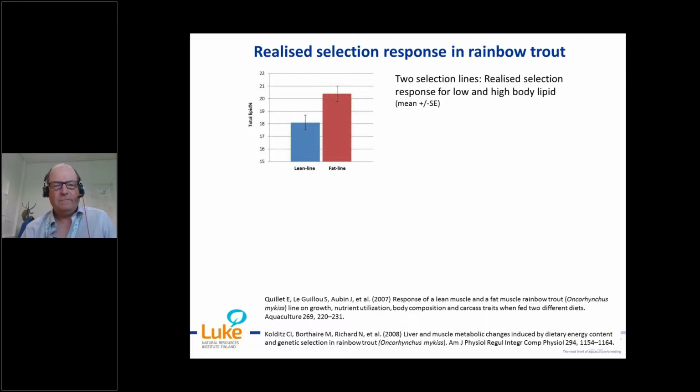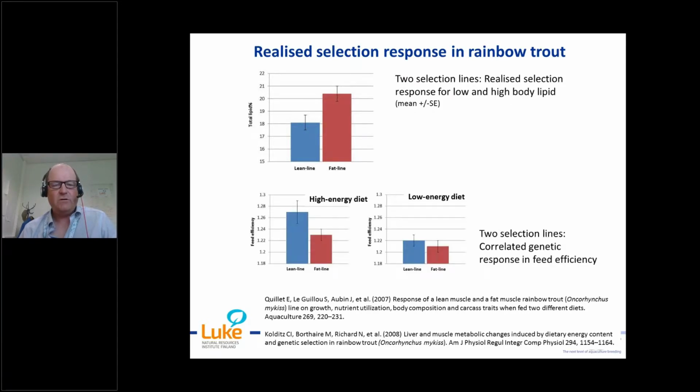Okay, we continue. So there's a selection response for fat, and next it's possible to look at the feed efficiency. They have recorded also the feed efficiency, and now the feed efficiency here means that a high value is a good value, an efficient fish.